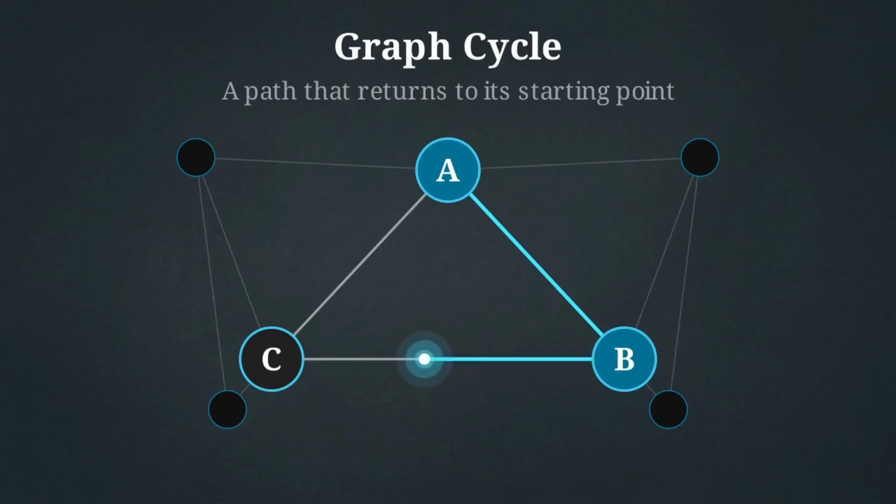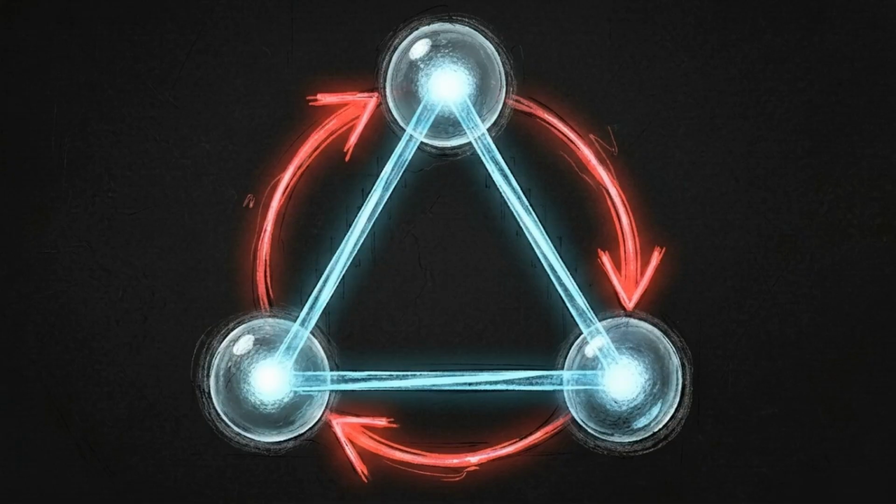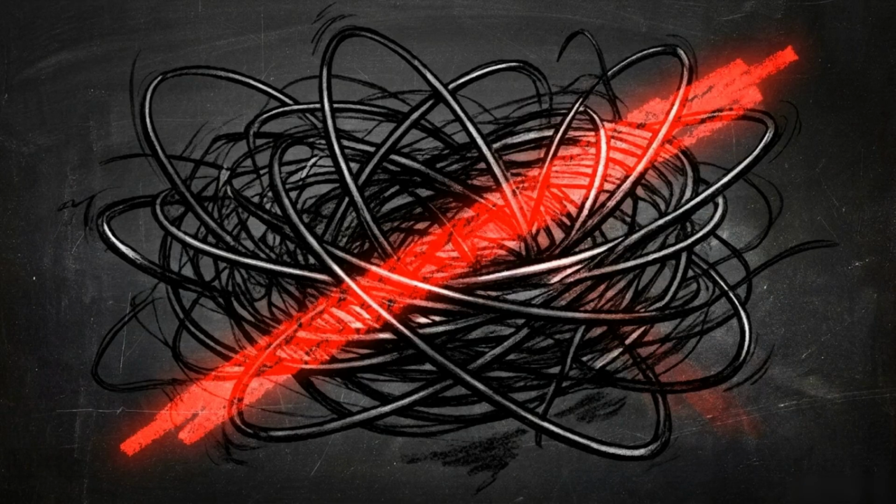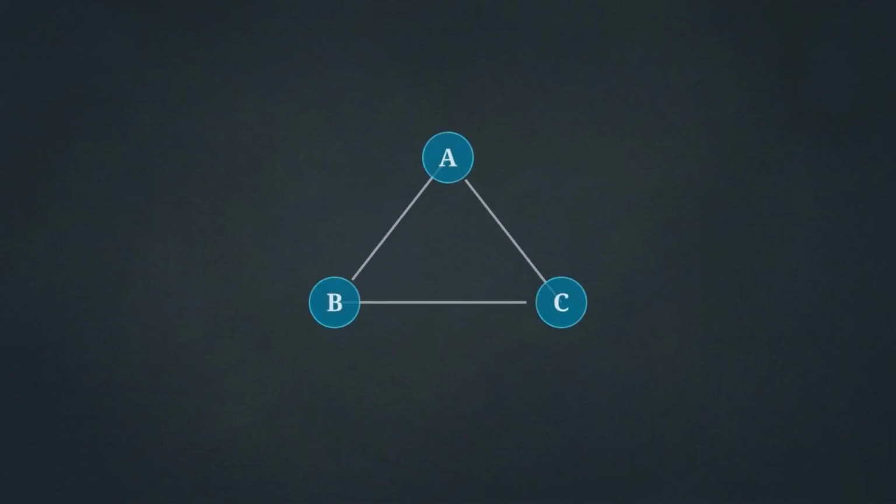Here, you can travel from node A to B to C and right back to A. This closed loop is called a cycle. It occurs whenever you start at a vertex and return to that same vertex without repeating an edge. In network optimization, the cycle is the direct source of financial waste. If you can reach node C through node B, a direct line back to A is a redundant edge.